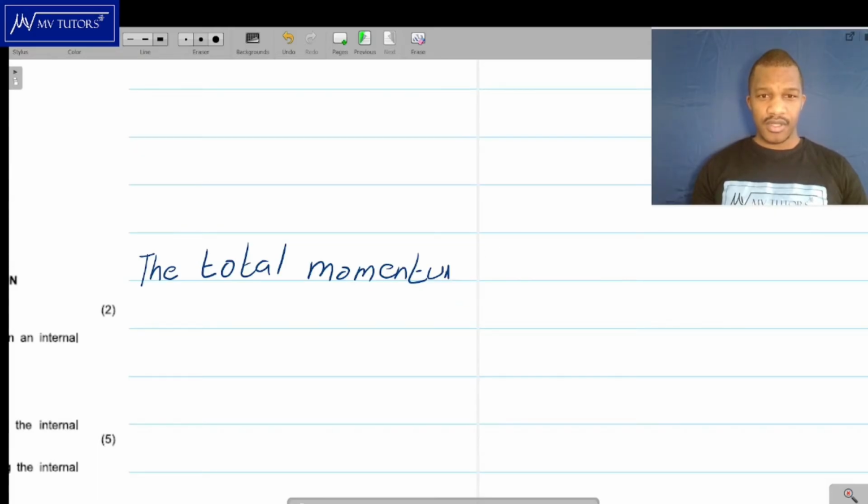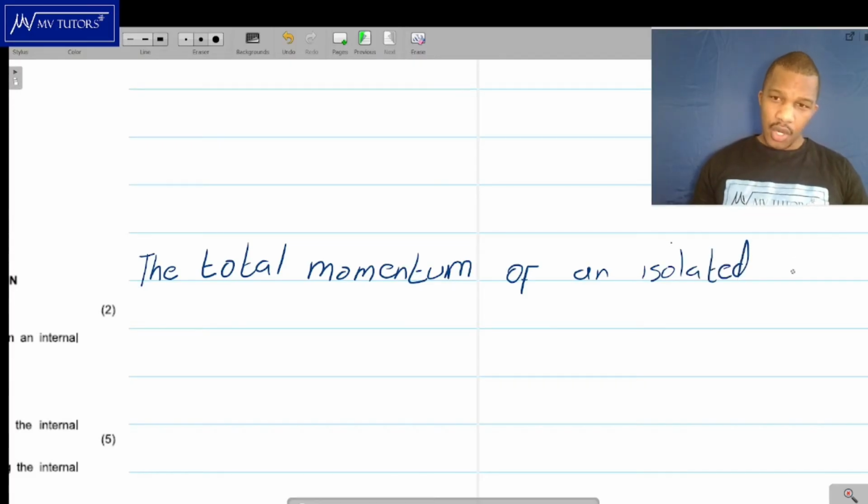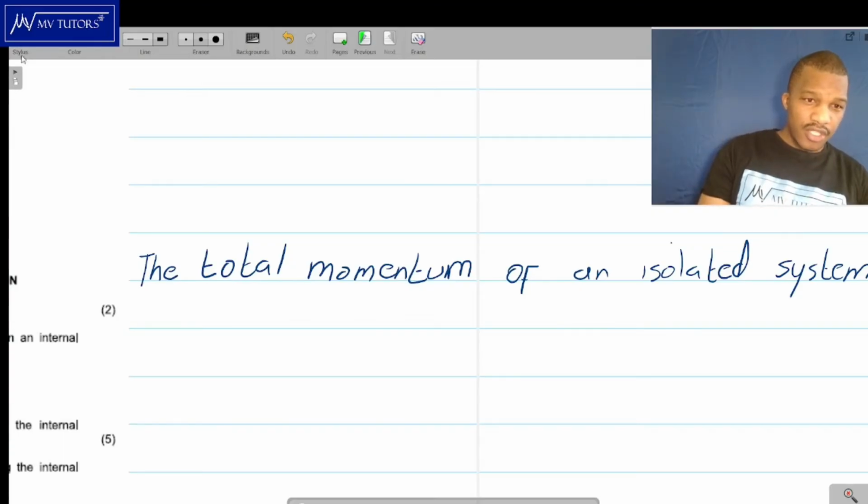Okay, so the total momentum of an isolated system remains constant.